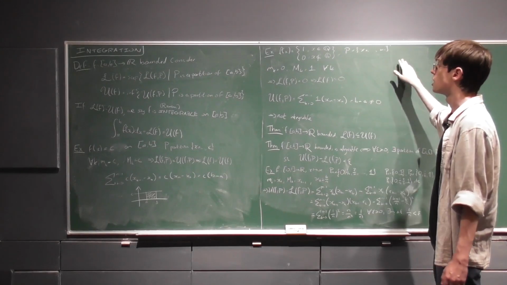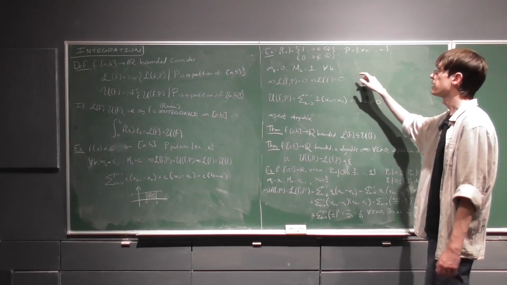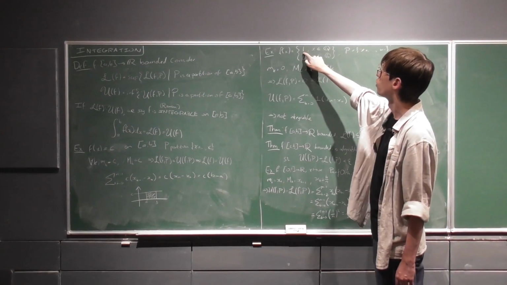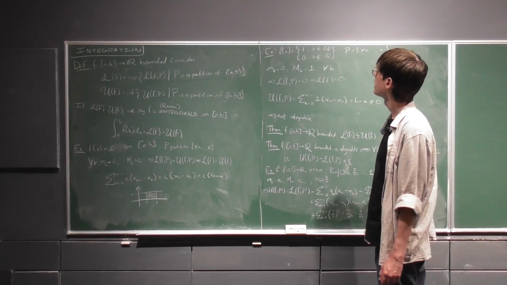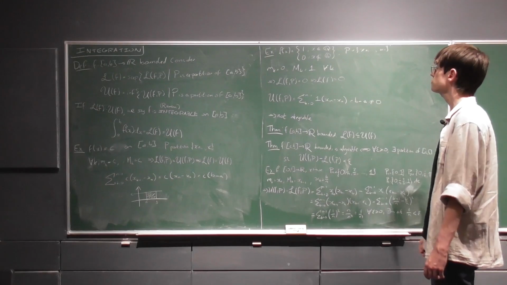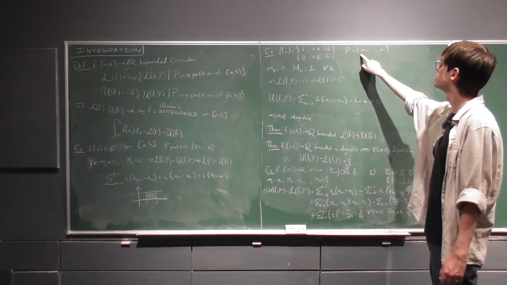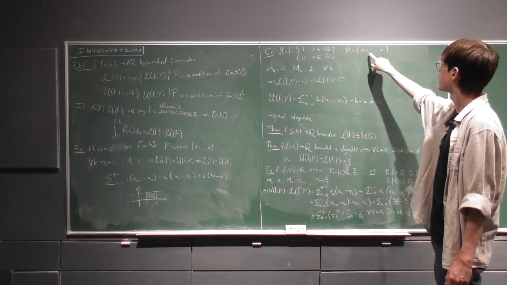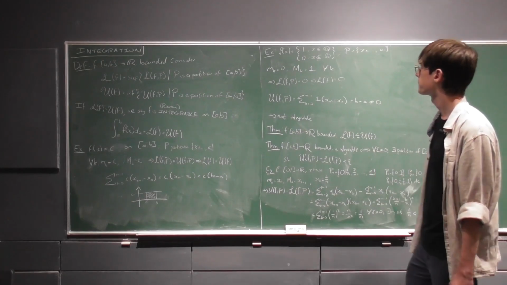Here's a function that's not integrable. It's going to be 1 at every rational number and 0 at every irrational number. And again, we can take any partition here, x0 to xn.